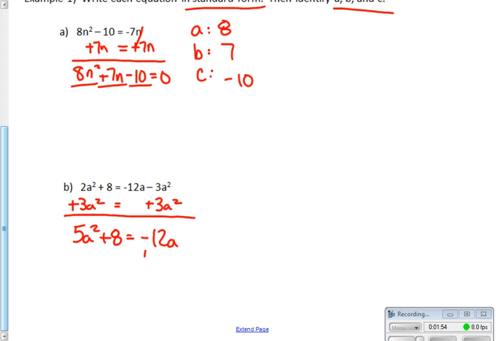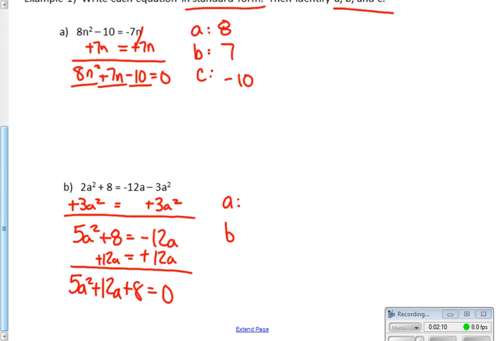So I need to add 12a to both sides. And after I add 12a to both sides, I would wind up with 5a squared plus 12a plus 8 equals 0. Now I can go ahead and pull out my a, b, and c values. A would be 5, b is 12, and c is 8.